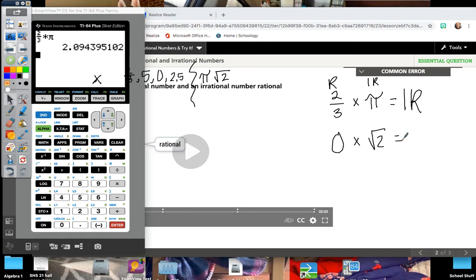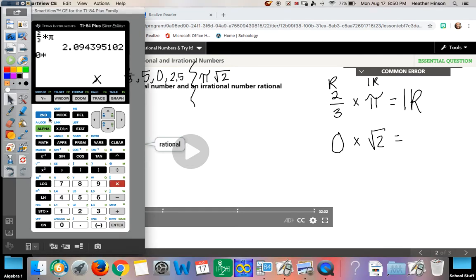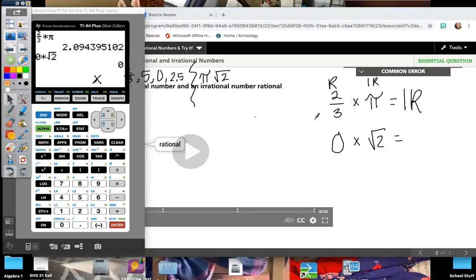Now, if you remember the rule for 0, what do you get anytime you multiply by 0? Everything times 0 should be one single answer. If you don't know, you can plug it in, and we get 0. Is 0 rational or irrational?